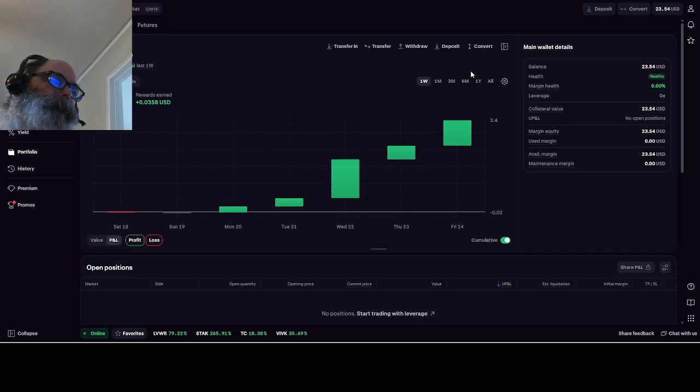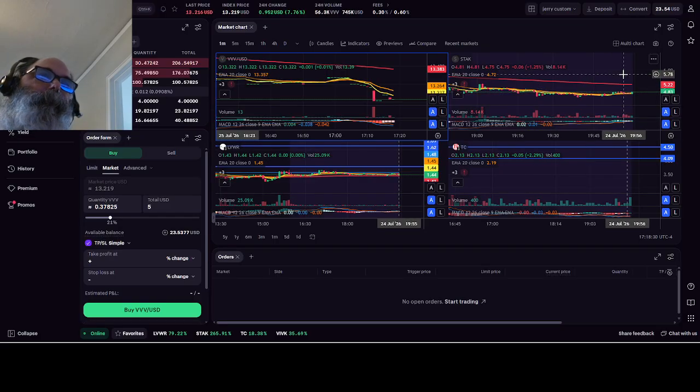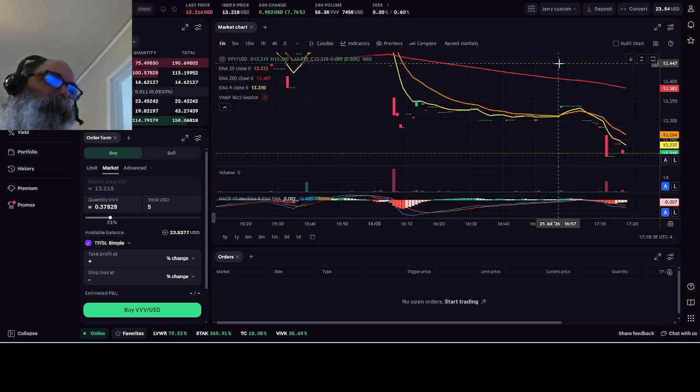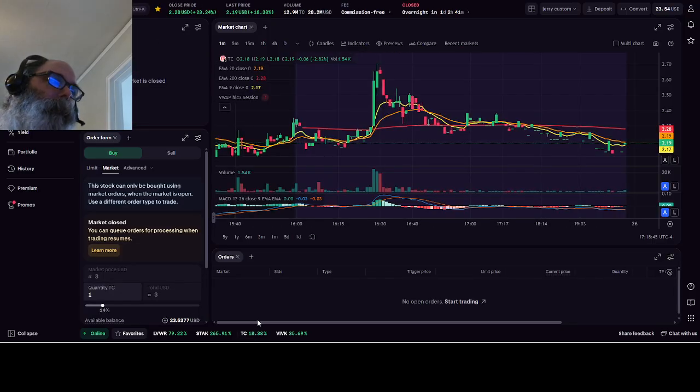So, to start off, I'm just going to bring this down to the trading charts a little bit. And we'll get off this multi-chart. This multi-chart is real nice because you can keep track of multiple stocks. Now, the first thing I do is I set up my indicators.